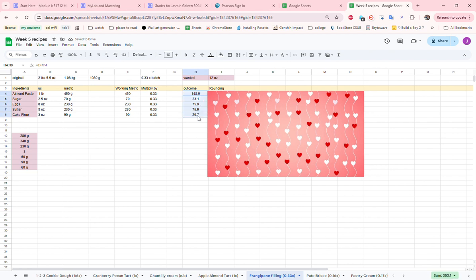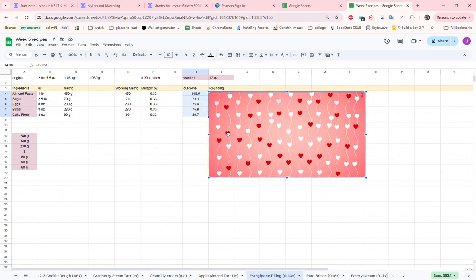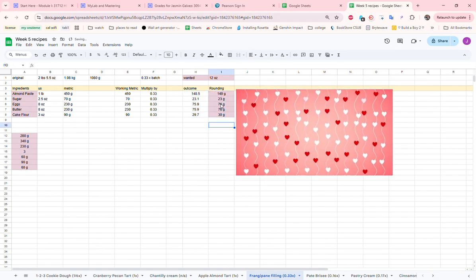This is our outcome from these two things multiplied together. Now, of course, we can't have any sort of decimal when we're measuring, so what we're going to do is round 5 or more up the score, 4 or less let it rest. And here's our final outcomes for the grams that we need for the notes.